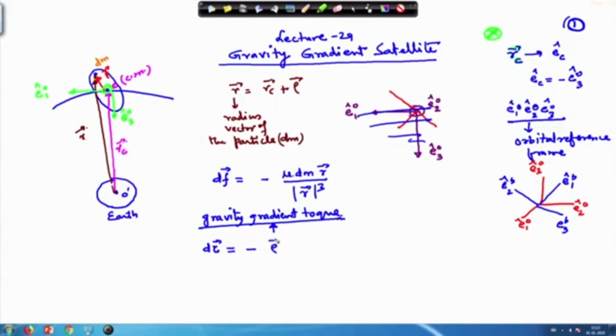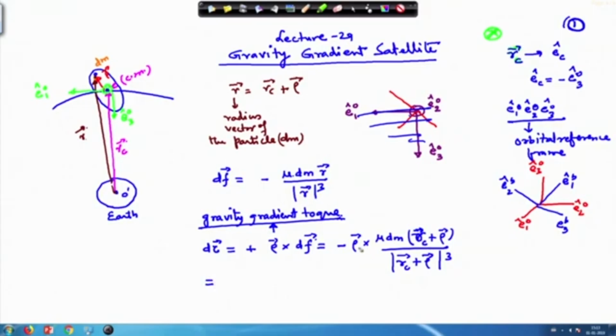This will be rho cross d f, and therefore the minus sign will come here. Rho cross d f equals mu d m, with r written as r c plus rho, so r c plus rho divided by r c plus rho magnitude whole cube.